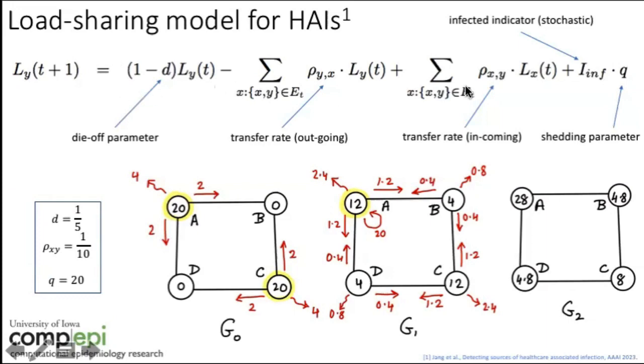There are 4 terms in the equation. The first term is the die-off term. The second term is outgoing because of contacts: some transfer of pathogen leaves this particular entity Y. Then there is some pathogen load incoming through these contacts. And finally, the last corresponds to this entity shedding pathogen, and this is stochastic because it depends on the dose response function I mentioned earlier.